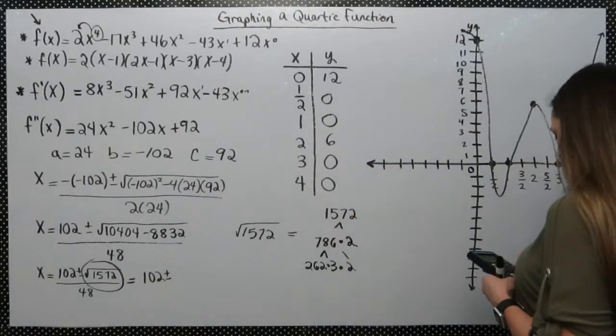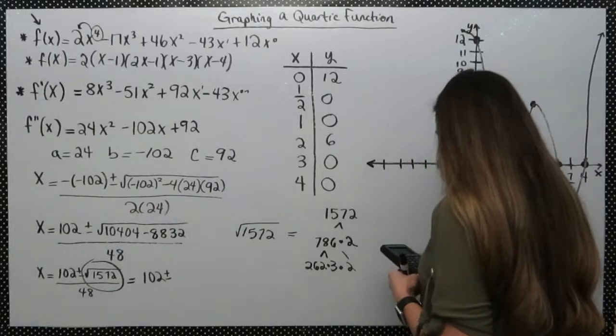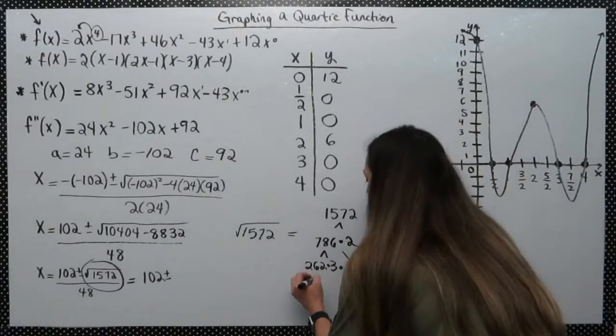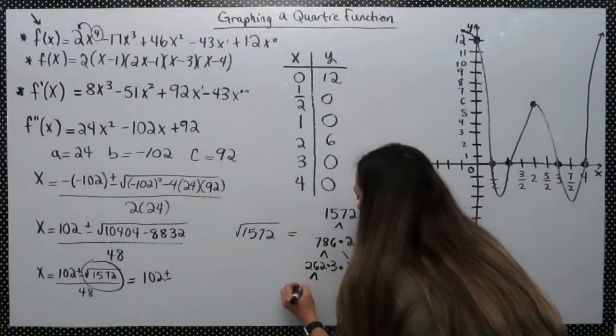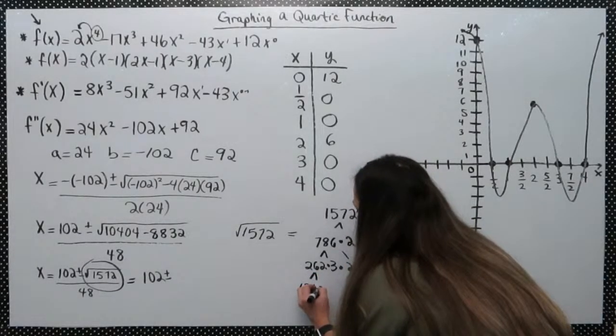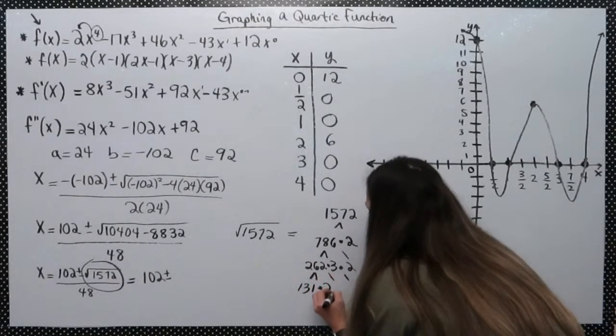Okay, and then that's divisible by 2, so divided by 2 again, and that's 131. So 131 times 2 times 3 times 2.